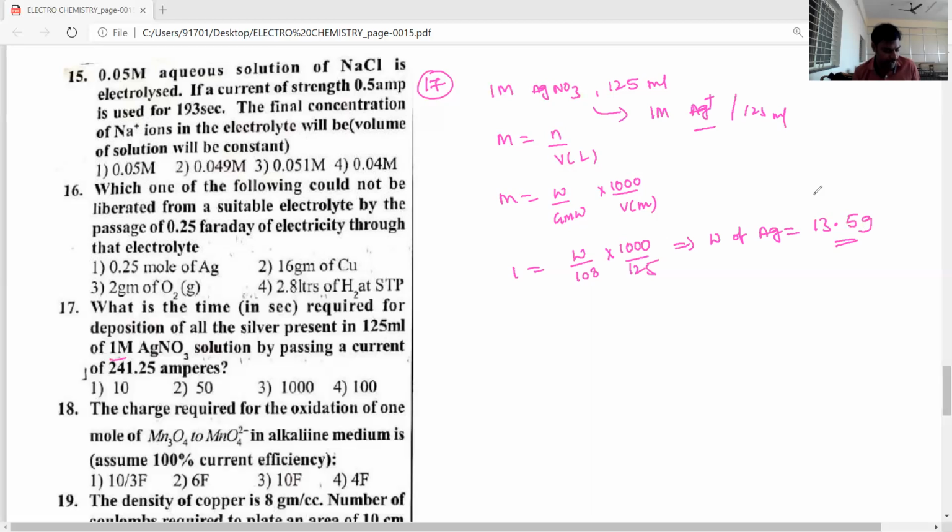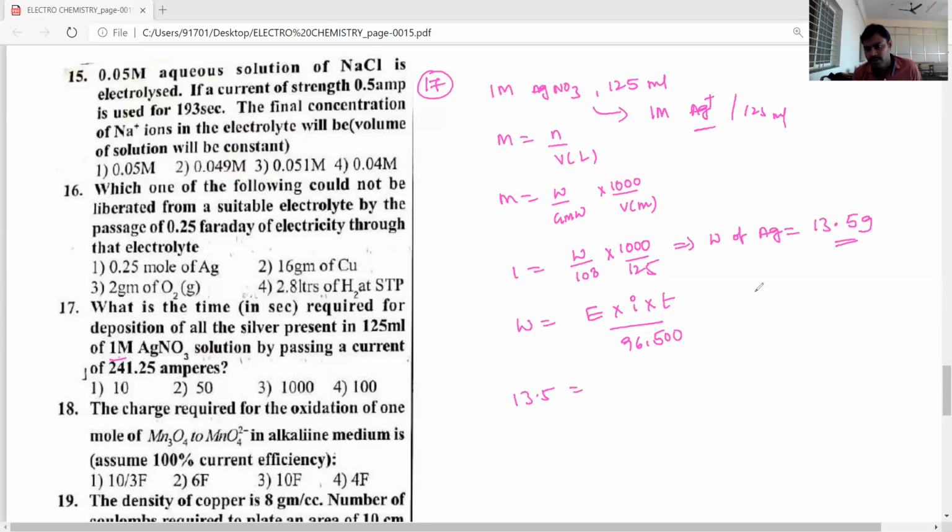This 13.5 grams of silver is present. For complete deposition of silver metal, how much time does it require? When the current is given, we need to find the time. W is equal to E into I into T by 96,500. The weight is 13.5.